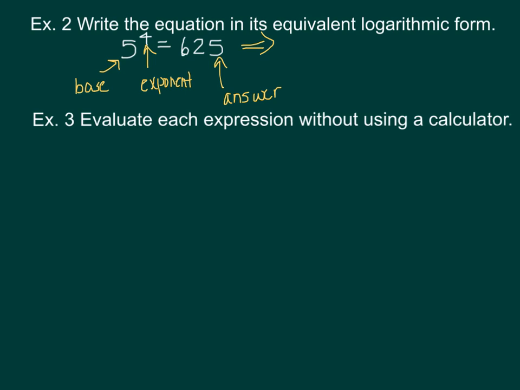So remember, you write exponent 4 is equal to log base 5 of 625. Or you can rewrite it the other way. Both forms are correct.